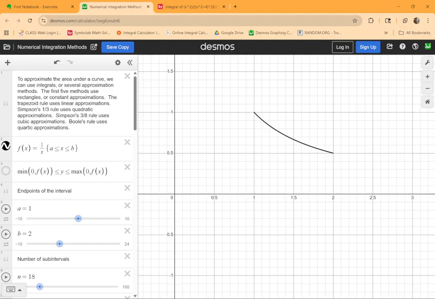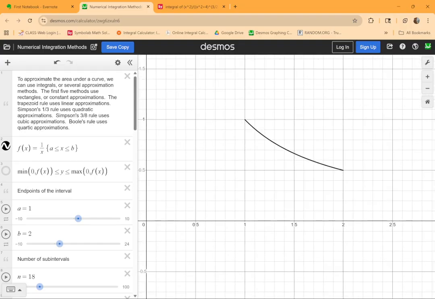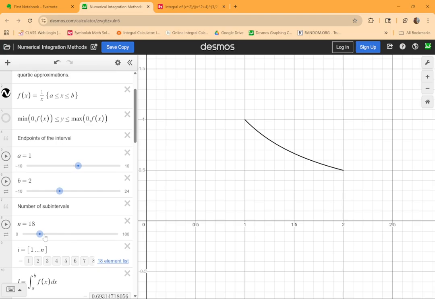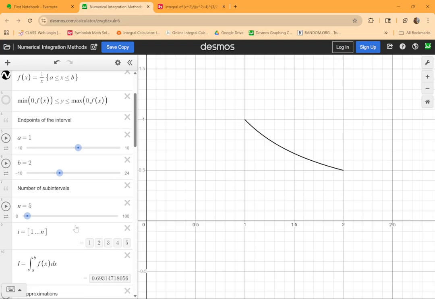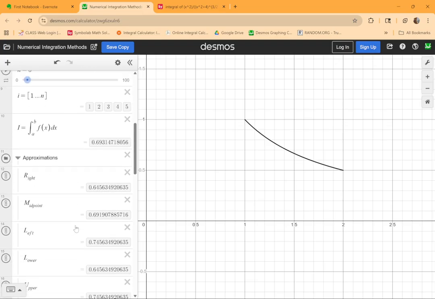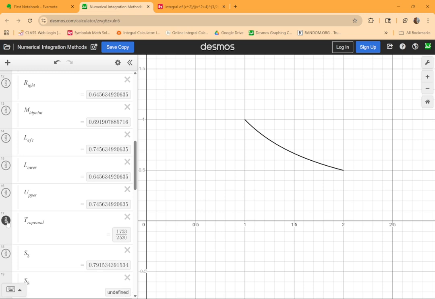Zoom in here. All right, so that's what the part of the graph looks like, and the overall 1 over x is just the curve going towards there. And for the number of subintervals, we want 5. Okay. And what we're looking for is the trapezoidal rule.